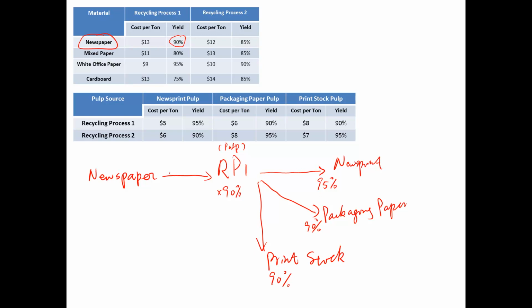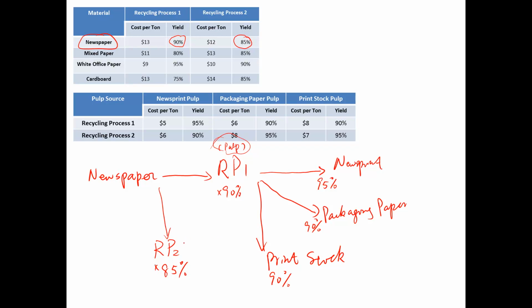And if it goes to recycling process 2, what happens here? It will have a yield rate of 85%. What comes out of the first step of recycling process 2 is paper pulp, the general paper pulp, the same as here.